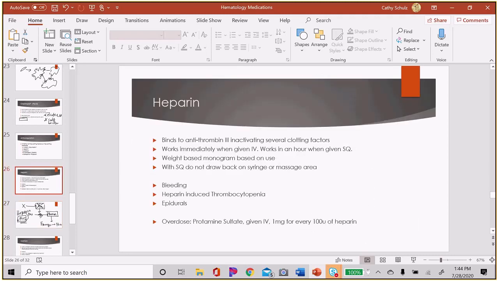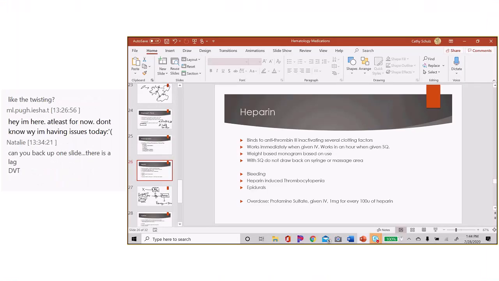So why would somebody go on this medication, heparin or Lovenox? There's a couple reasons, and depending on what the reason is, depends on how you would monitor them or what their risk is.